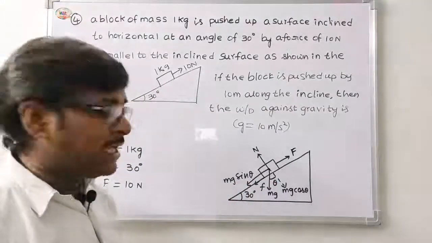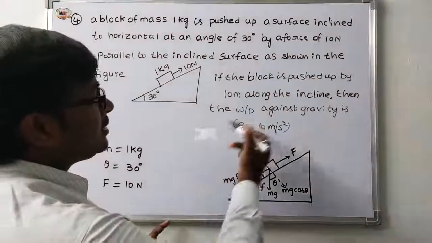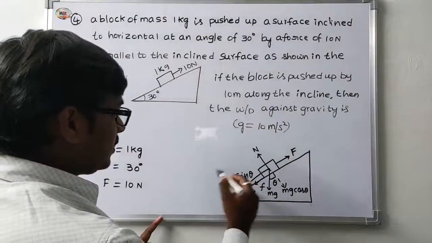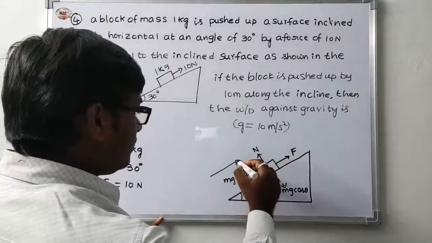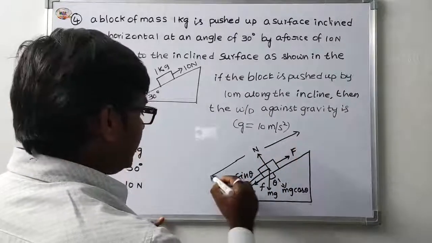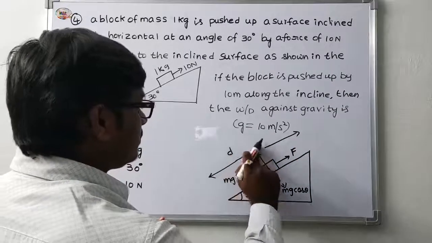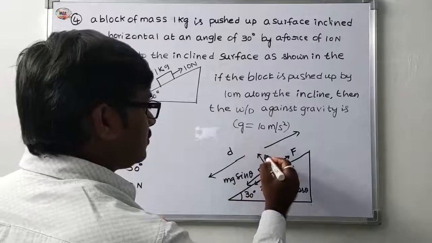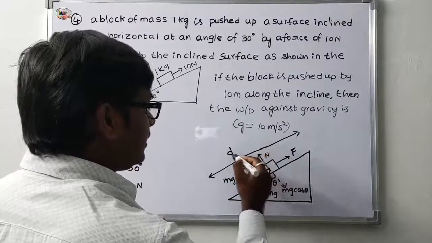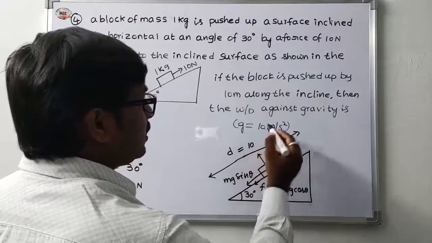The distance covered, the total inclined plane distance, this is the distance. Distance is equal to 10 meter.